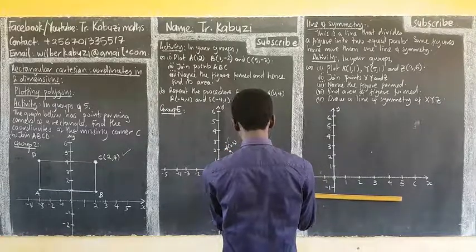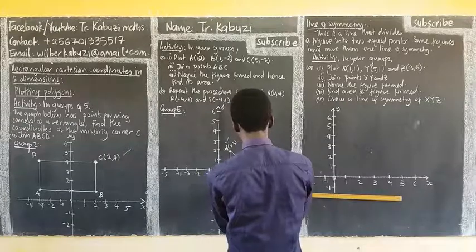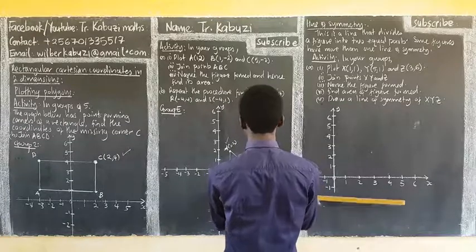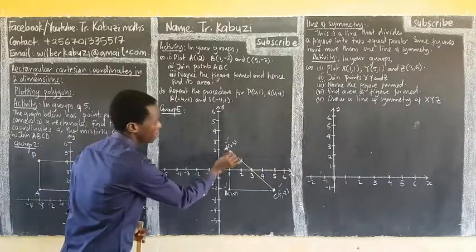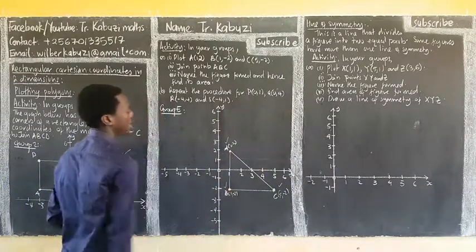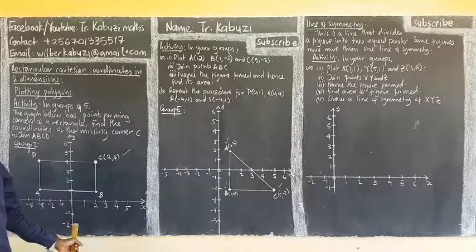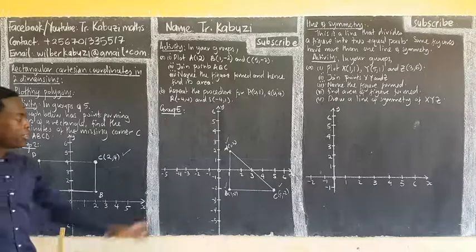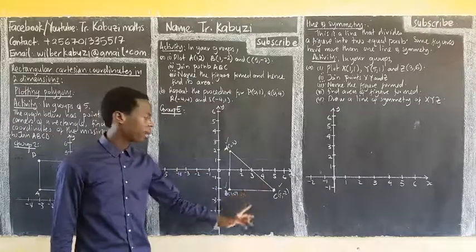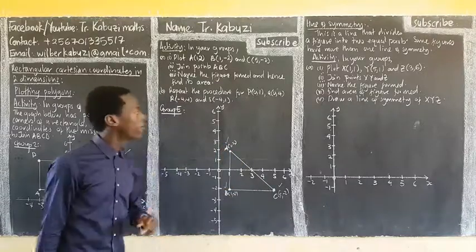You have to be careful. These points, they should be neat. Mine, I'm using a bit more so that you can see them. So they are saying number 3, whoever joined them and has this shape, you give a mark also. So those are 4 so far.